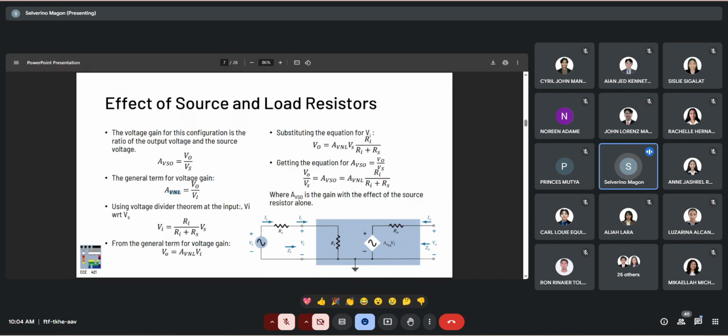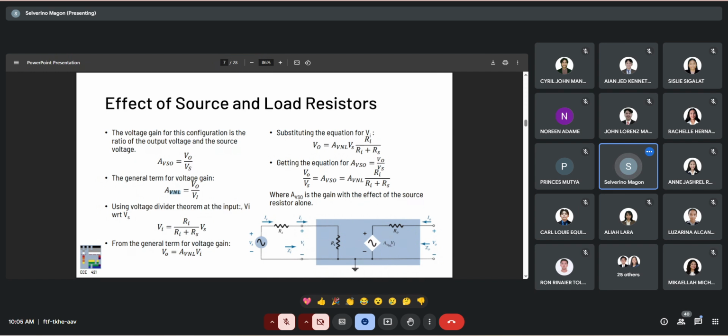Okay, so VI is equal to Vs, the voltage source, times the result of the voltage across Ri as divided by the sum of Ri and Rs. Voltage divider, same as the DC analysis that we've done earlier.